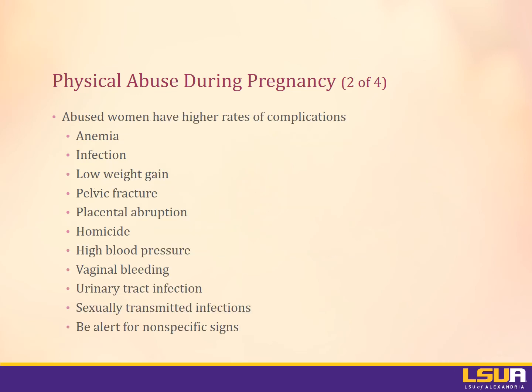Abused women have a higher rate of complications from anemia, infection, low weight gain, a pelvic fracture, abruption, homicides, high blood pressure, vaginal bleeding, UTIs, and sexually transmitted infections. And we have to be alert for those non-specific signs that seem very subtle.